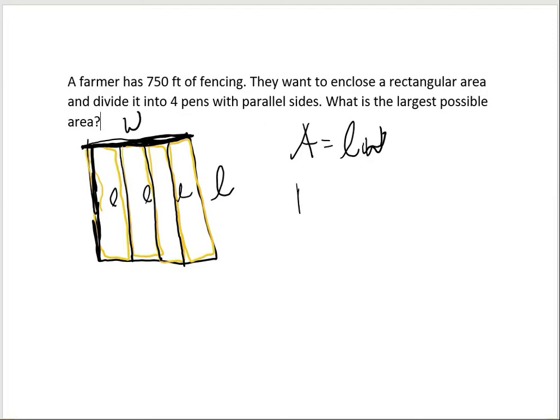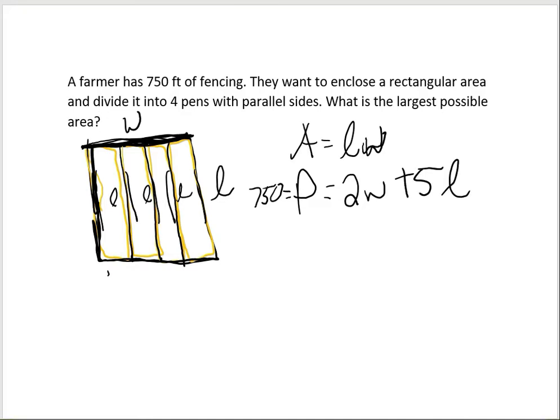Now, what's the perimeter? Well, first of all, we know we have 750 feet of fencing to work with. That's about the perimeter. But to do the perimeter, we need to count the sides we have. Well, we have 2 W's, and then we have 5 L's.